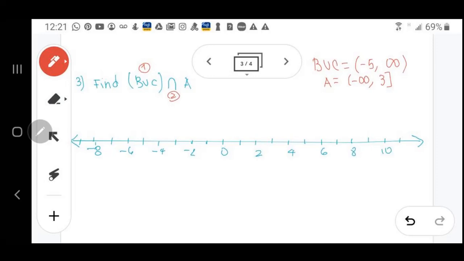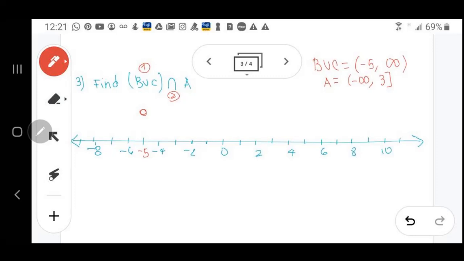So let me graph B union C here. That is, I repeat, the answer that we got in exercise 1, and this interval goes from negative 5, let me locate negative 5, up to positive infinity. Negative 5 is not included, so I'm going to make an open circle above, and since it goes all the way through infinity, I'm going to shade to the right.